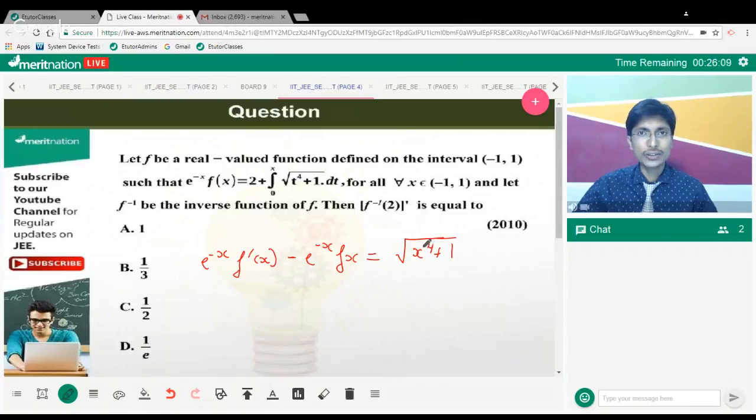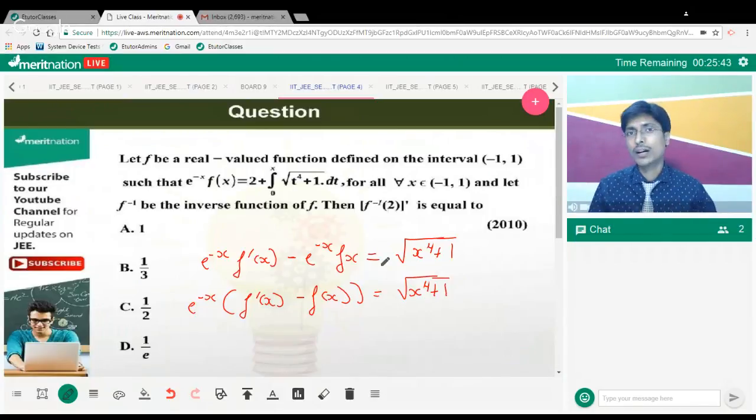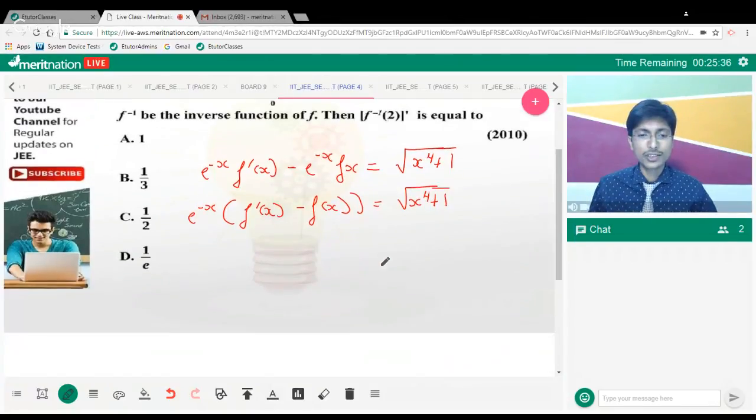Now what I can do is take e raised to the power minus x common. So I'll end up getting f dash x minus f(x) equals under root of x raised to the power 4 plus 1, all multiplied by e raised to the power minus x on the left. Now if e raised to the power minus x is on the left hand side, if I take it to the right hand side, the power will be positive there.